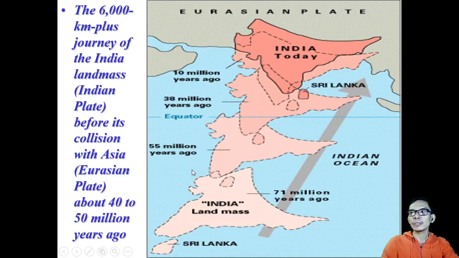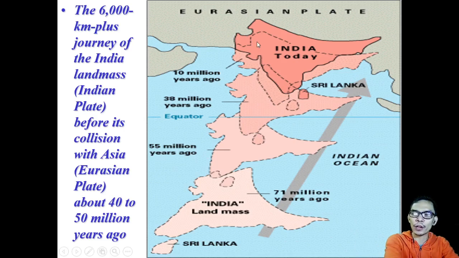So this is the story of India. India is a separate continent, just like Australia. A long time ago, it converged with the Eurasian plate, the one that you have over here.